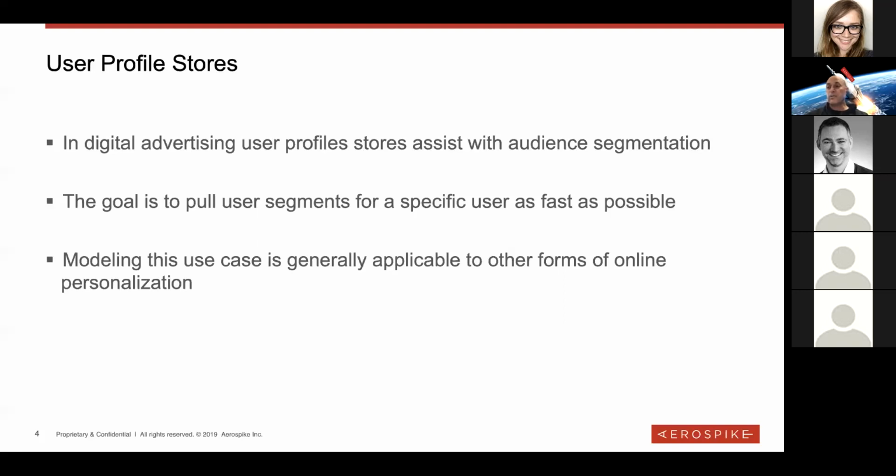And they need to quickly retrieve this user from the user profile store, look at the segments of the user, compare them to campaigns that are active, decide whether it's worth going into a bidding war on an exchange for this user, and then also serve a specific ad to the user. And all of that within about 100 to 150 milliseconds.